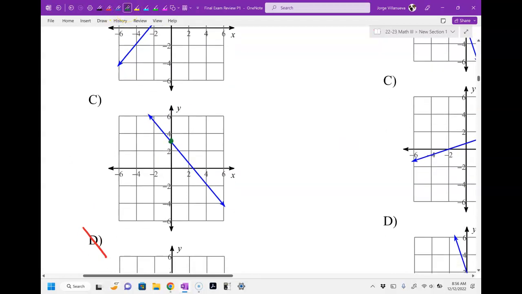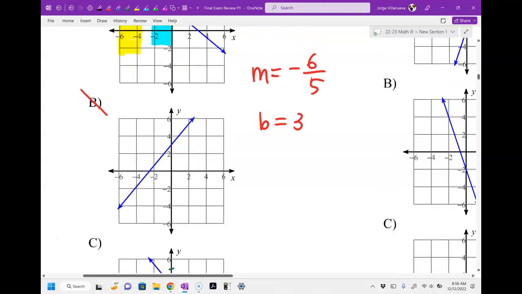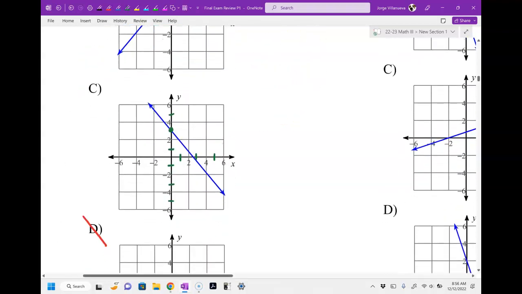If this is 3, and here's 1, -1, -3, -5. So I'm going to kind of just draw these things out here. I have to go down, what was it, 6 and over 5. So let's see. Down 6. So 1, 2, 3, 4, 5, 6. And over 5.